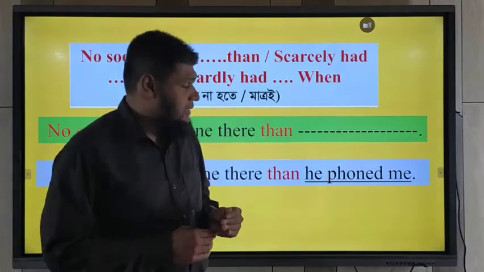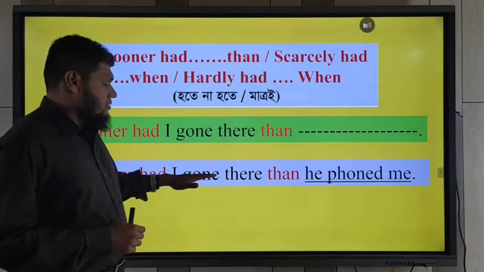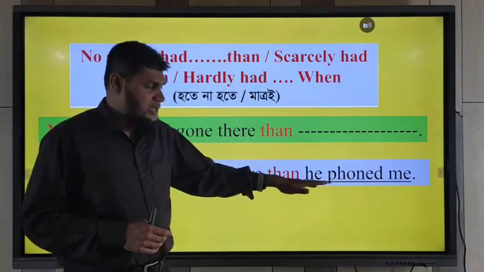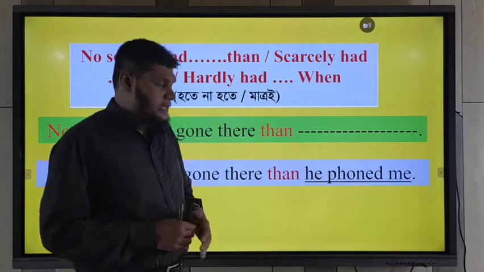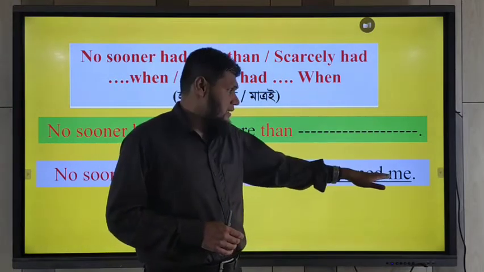You should remember that no sooner had plus clause. At that time you need another clause. So then you should use the subject and the past form of the verb and then extension.